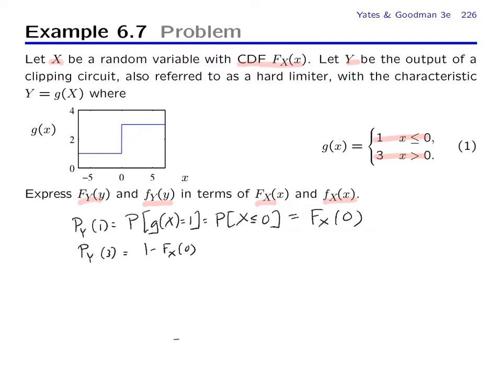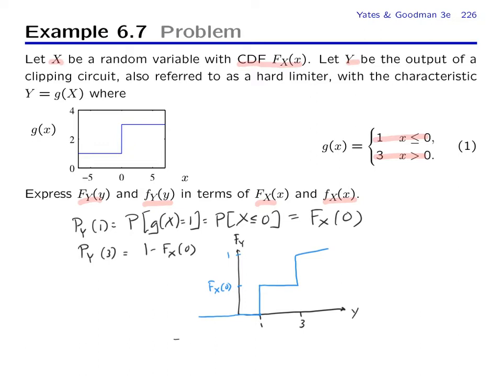So we found the PMF of Y, and we can express this in terms of a CDF in the way that we learned several weeks ago. So here is Y, here is the CDF, and here's 1, here's 3, and this function at 1 makes a jump. The height of the jump is the value of the PMF at that value, so that is F_X of 0, and it's flat, then it jumps to 1.